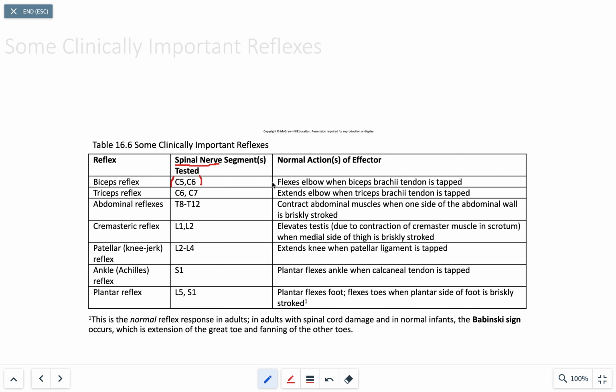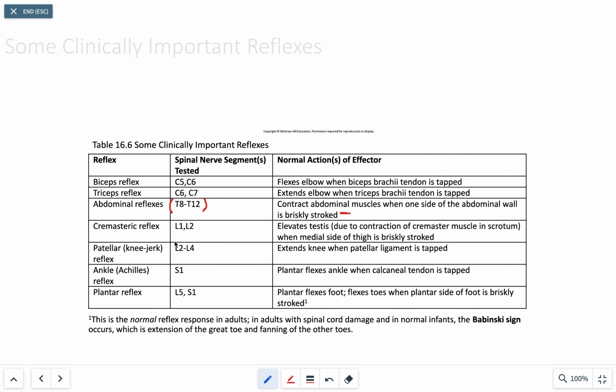If we tap the bicep brachii tendon, we should see a flexion of the elbow. When we're looking at the tricep response, we're looking at C6 and C7. Abdominal responses, mostly we're looking at T8 through T12. This can be activated by just briskly stroking the abdominal side.